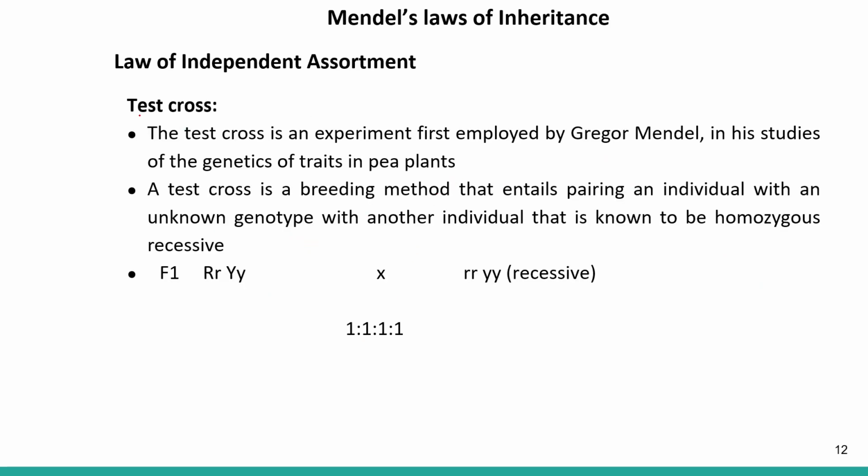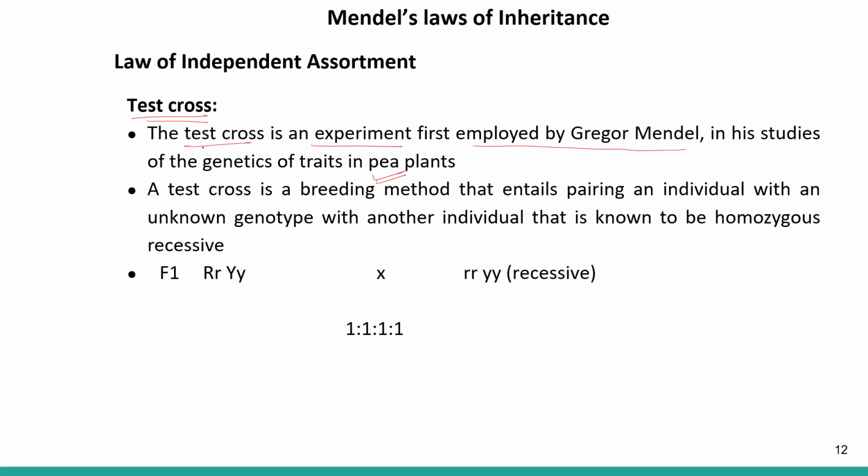So, now test cross. The test cross is an experiment first employed by Gregor Mendel in his studies of the genetics of traits in the pea plant. So, Gregor Mendel was using the pea plant for his different types of hybridization, right? So, he also did a test cross.